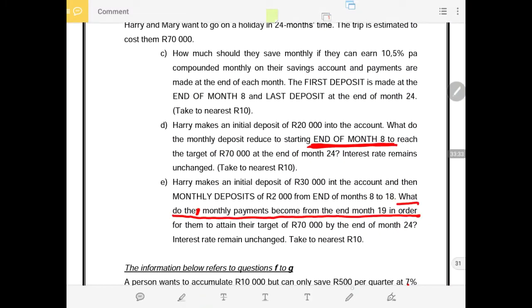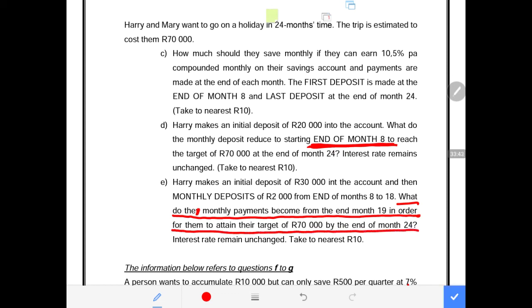So what do the monthly payments become from the end of month 19 for them to attain their target of 70,000 by the end of month 24?